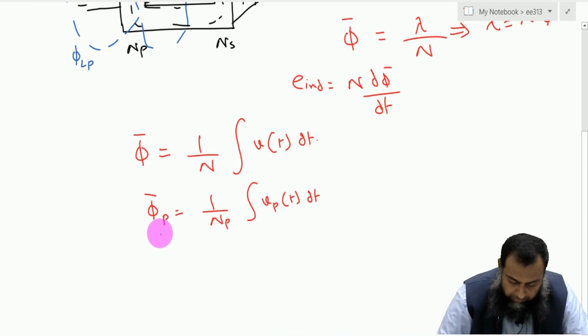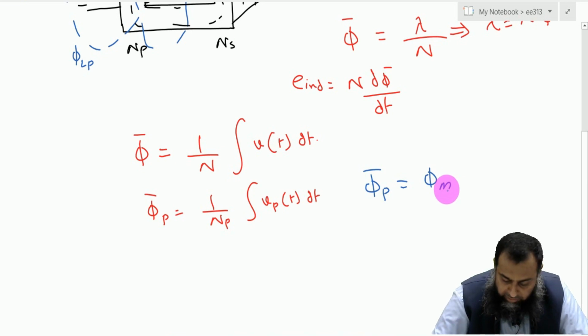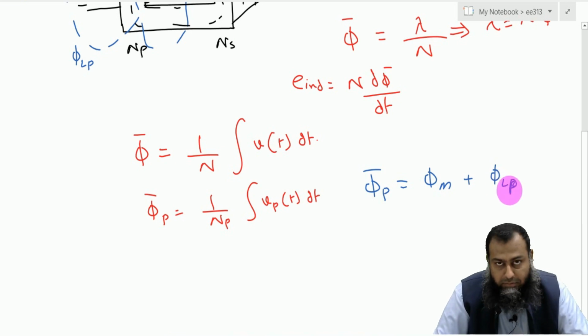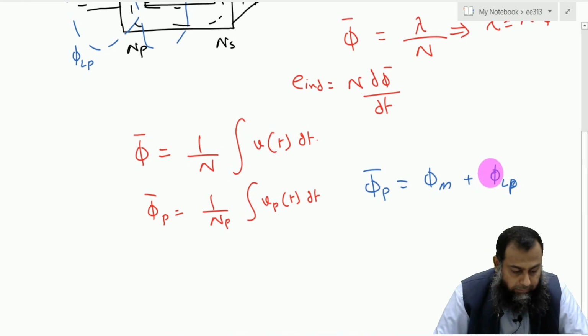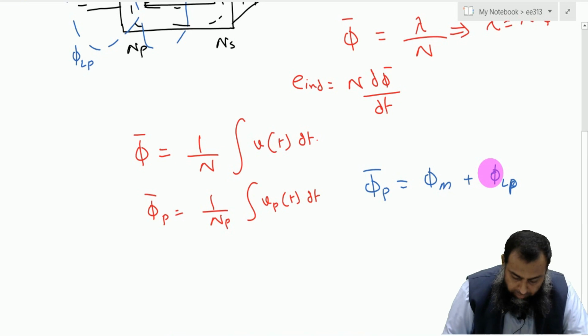Here we can see that this φp, the average flux produced on the primary side, has two components. The first component is the mutual flux, which is a useful flux, and the second one is the leakage flux, φLp, where P stands for the primary winding and L stands for leakage.